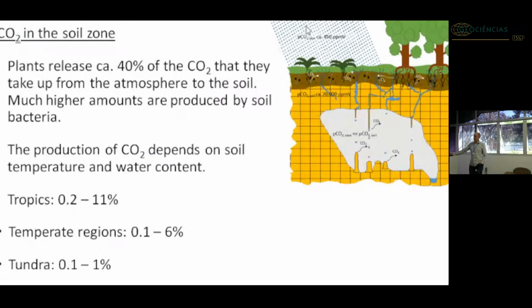The production of CO2 in the soil zone strongly depends on the temperature of the soil and the water content. Of course, at high temperatures, the production of CO2 by the bacteria is relatively high. So you find up to 11% of CO2 in the soil zone in the tropics. In the temperate regions, it's up to 6%, and in the cold regions of the tundra, it's much lower, only up to 1%.